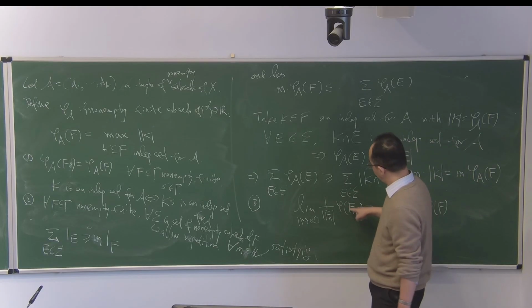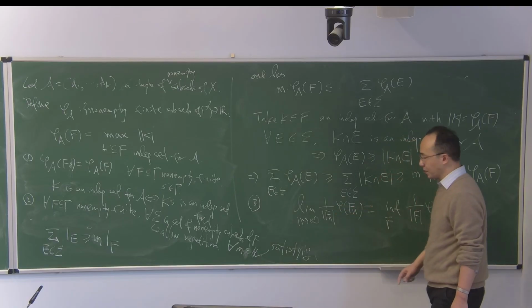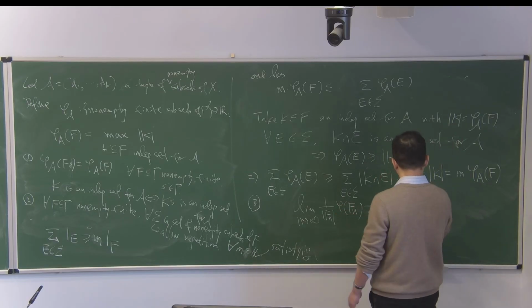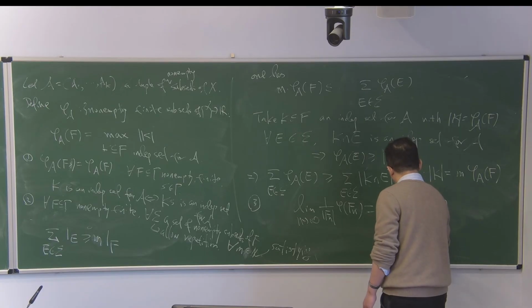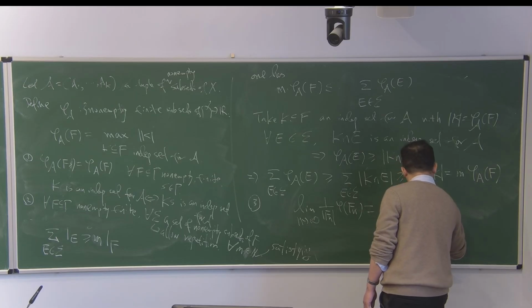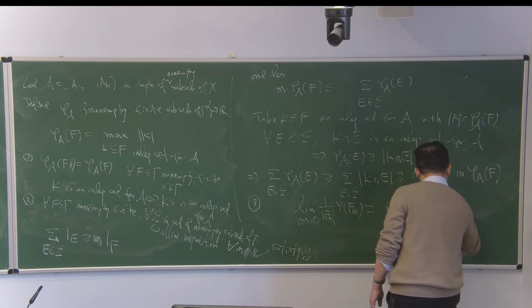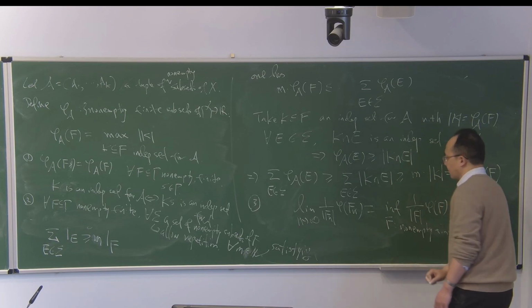So this is along the given Følner sequence. The limit exists and is actually equal to the infimum over F here, non-empty, finite subsets of Gamma.